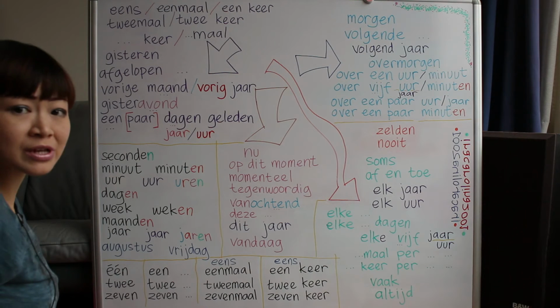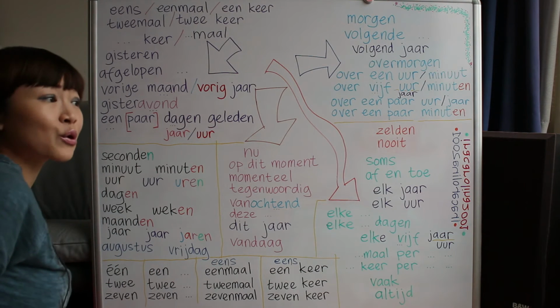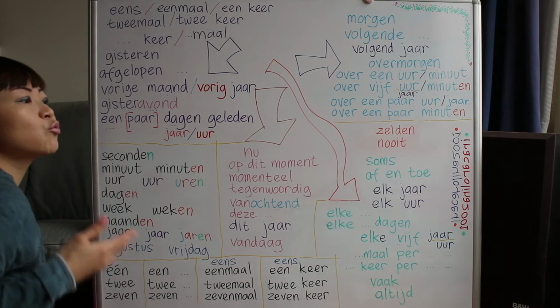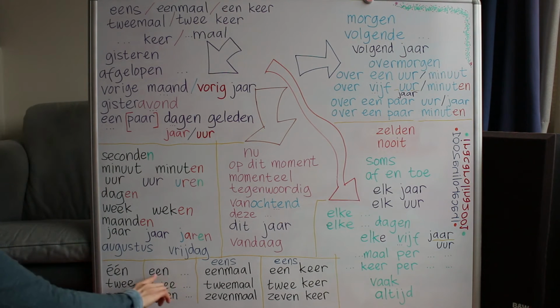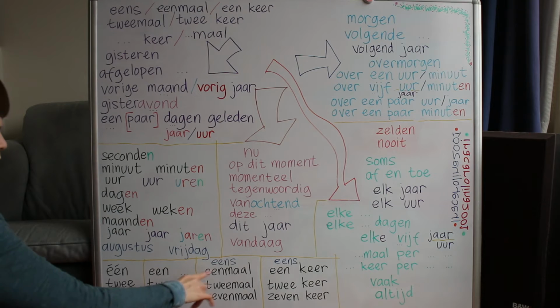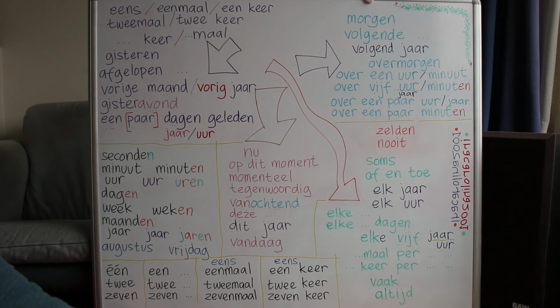But when we say one of something, the article instead of the number, it's een, and then something. So this is één, this is een. There's no difference for the other numbers, like 2 of something, 7 of something.